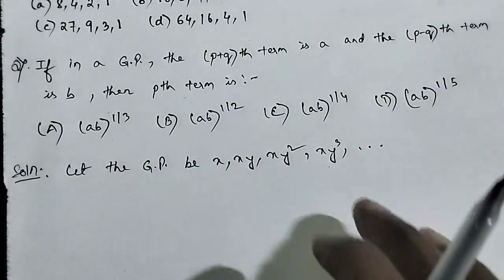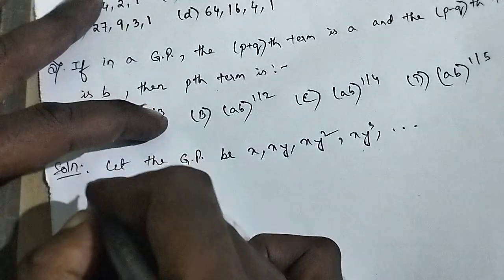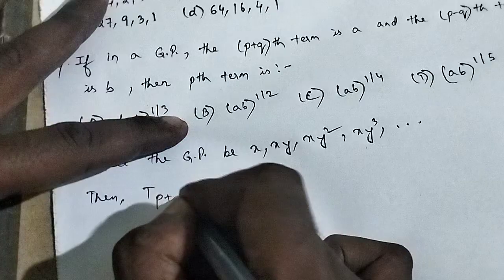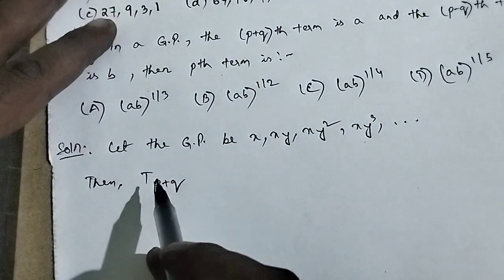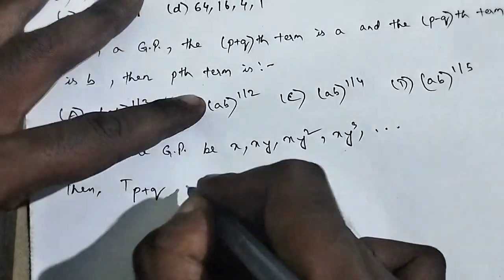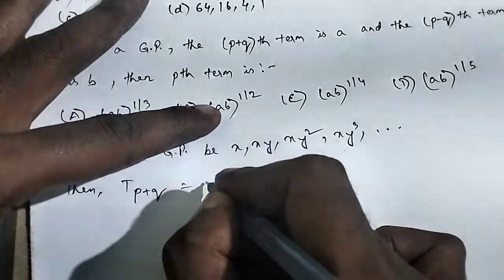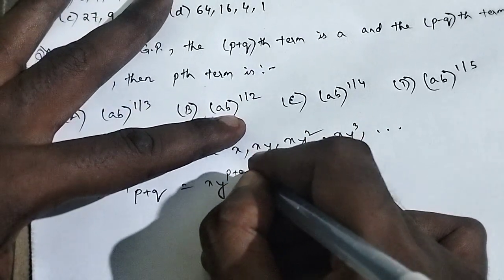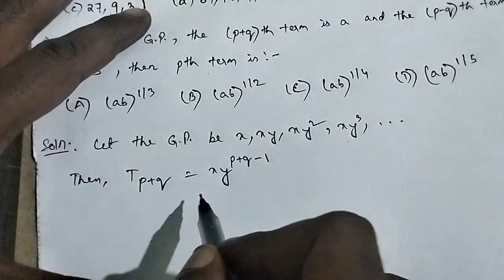So here the p plus qth term, we denote by t in the suffix p plus q. So the p plus qth term would be xy to the power p plus q minus 1. This is the p plus qth term.